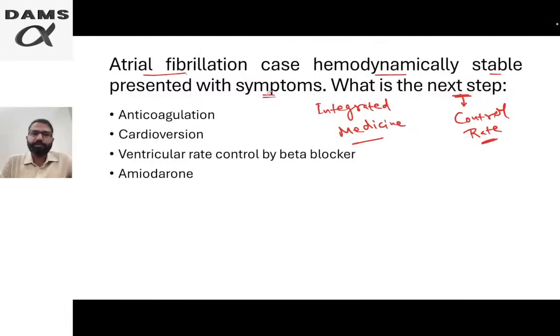But some of the students gave me this question. In this question the answer will be control the ventricular rate, but again medicine people will definitely tell you the exact answer if they come to know the exact question. But if only this was the question, hemodynamically stable patient, then yes, definitely we need to control the ventricular rate. If the patient presents within 4 hours, okay, 4 hours presentation was there.